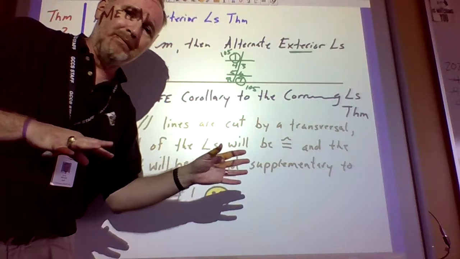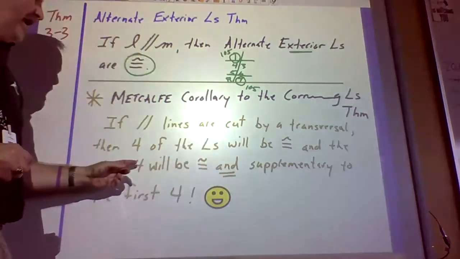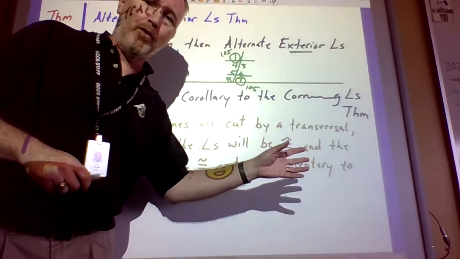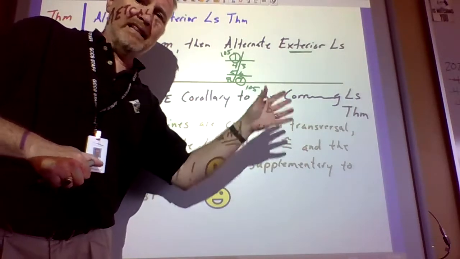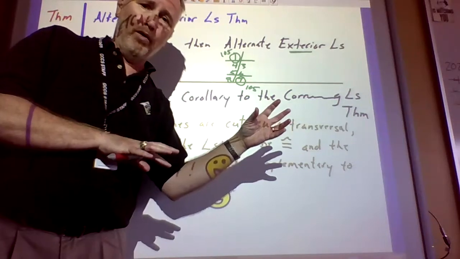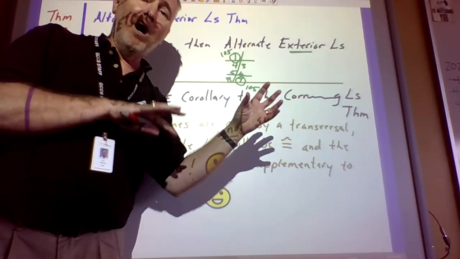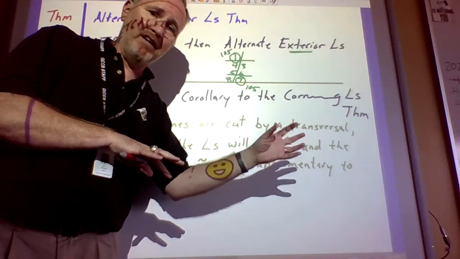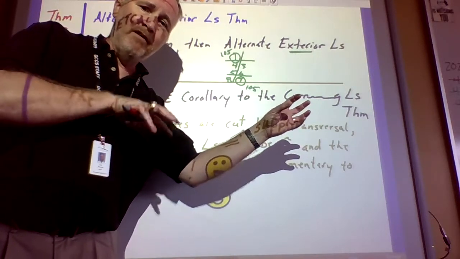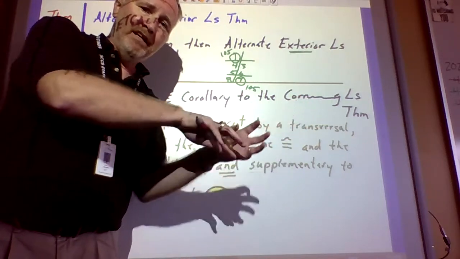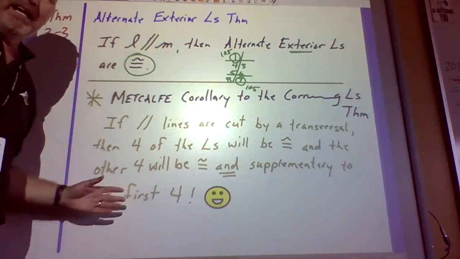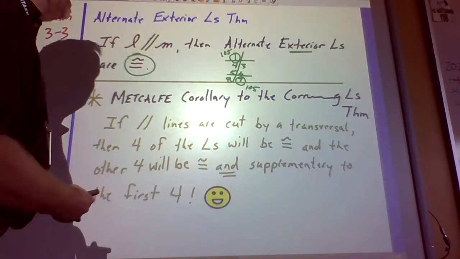There's one extreme example where they could all be equal, but they will be supplementary to the first 4. So 4 of the angles, I think I used the example, they were 75 degrees, then the other 4 angles would all be 105 degrees because 75 and 105 makes 180. So 4 angles are 75, 4 angles are 105, and added together, that makes 180. So bam, that's what the Metcalfe corollary is saying, just trying to make it easy for you.